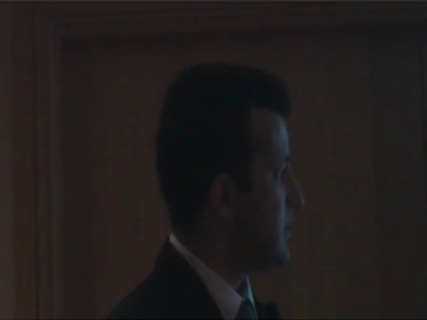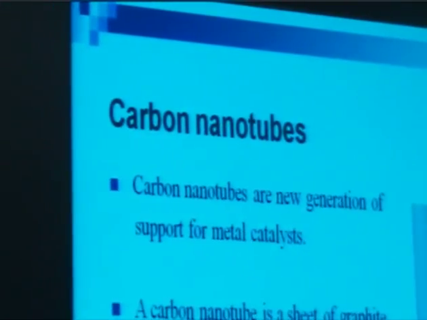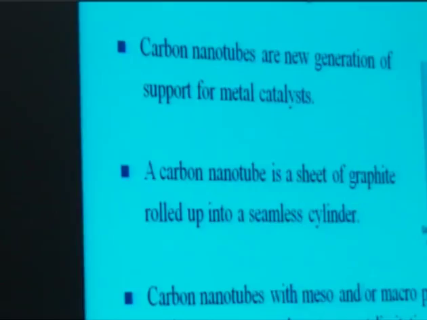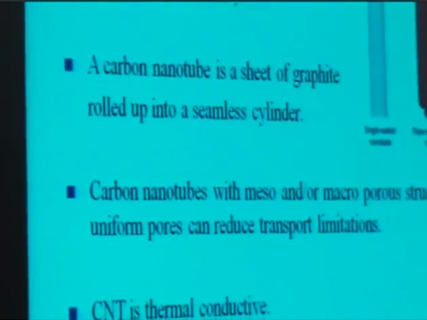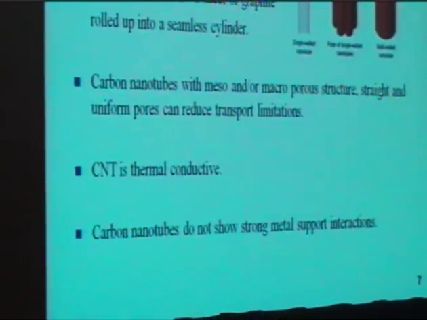To improve the catalyst, we should first look at the support, because the support can influence metal dispersion, reduction behavior, and interaction of support and metal sites. Apart from the conventional supports such as titania, alumina, and silica, carbon nanotube is a new generation of supports.